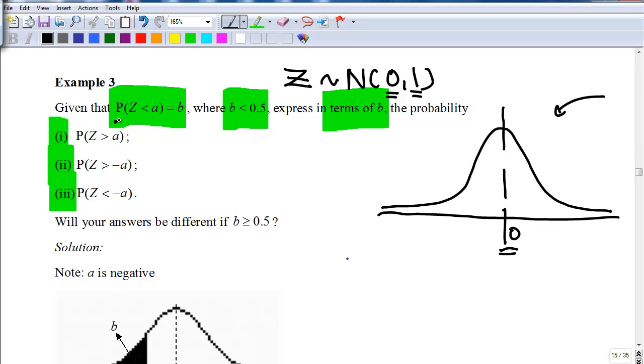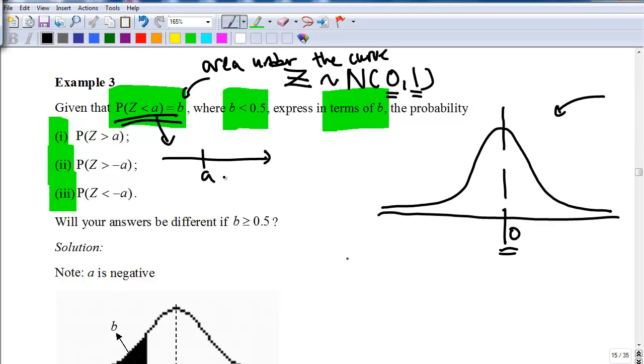If you look at what you have been given, probability Z less than A equals B, your B is actually the area under the curve, or your probability. And your A is something on the axis. So if I were to transfer all this information onto my rough sketch here, then I know that my A must be a negative number.